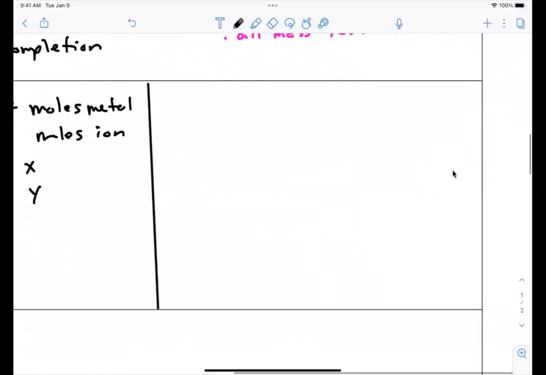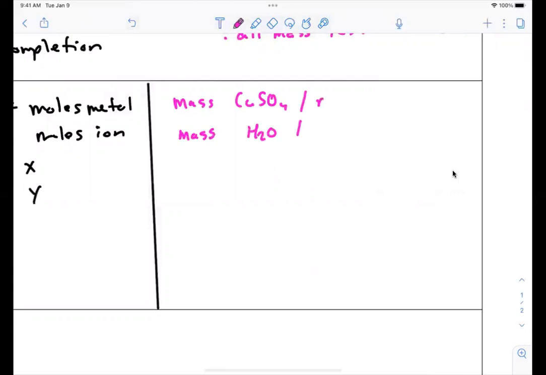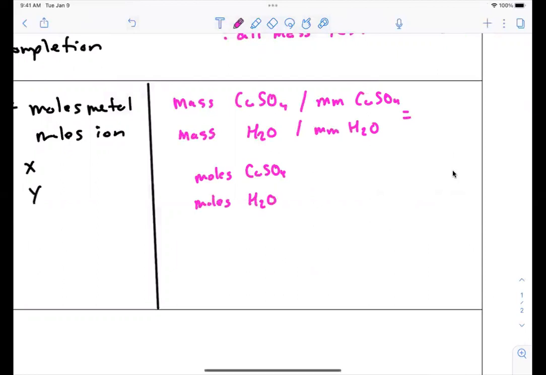Now, for the hydrate, it's the same process, but in this case, you have copper sulfate and the mass lost is of water. So you are still dividing by the molar mass of each substance. It's just that it's not elements anymore, it's actual compounds. So you get the moles of CuSO4 and the moles of H2O.